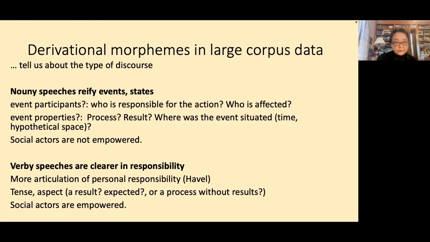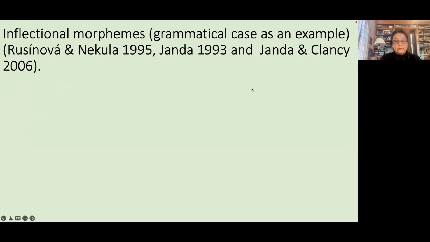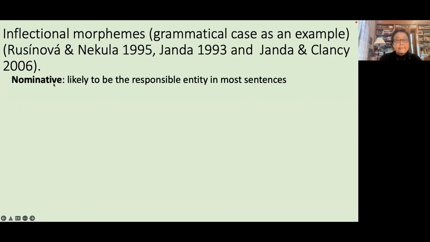Okay, so these are the derivational morphemes, and I would like to talk a little bit about inflectional morphemes, the morphemes that indicate grammatical case. Before showing you some fragments of the data, I would like to say something about what traditional linguists and cognitive linguists say about case and semantics.